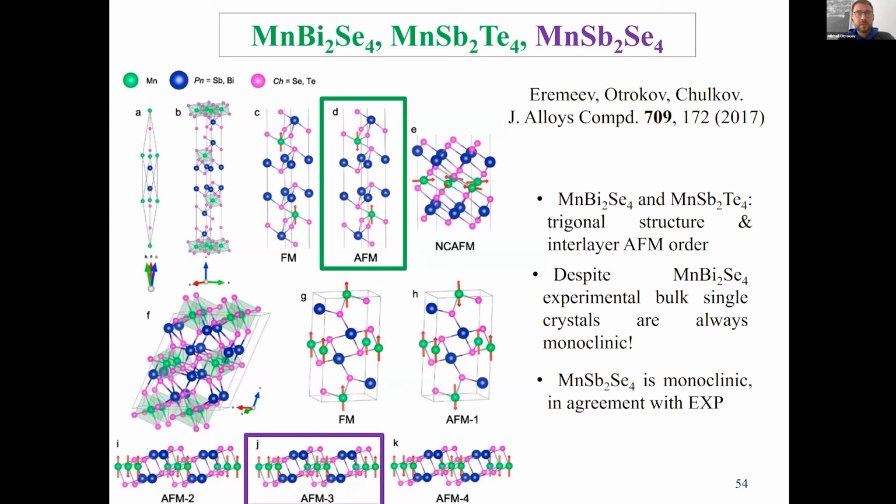But if you perform total energy calculations, you can find that this MBS system has the same crystal structure as MBT, at least from the point of view of energetic favorability, because this structure has lower energy. The same applies to MST, and both of them, at least in the idealized crystal structure model, appear to be interlayer antiferromagnets, while this MSS guy is monoclinic and therefore topologically boring. Monoclinic in agreement with experiment.